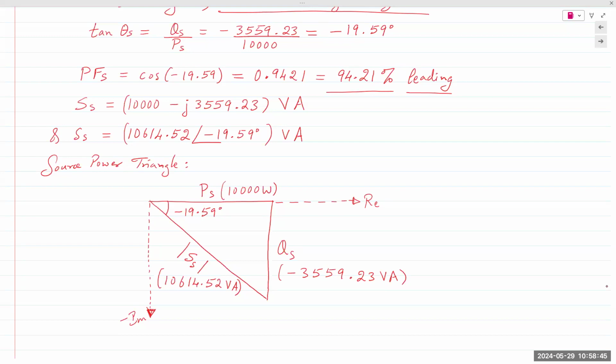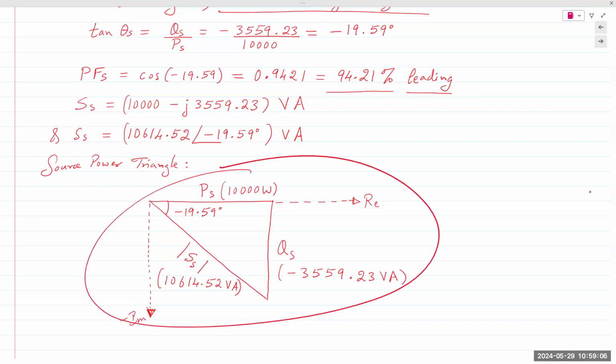Capacitor, negative. So the capacitor is actually overcompensating. Overcompensating is requiring more energy. It's not only supplying energy to the inductor, it actually requires more energy from the source because its value is much higher. That's what's happening in the system. And that's the power triangle for the source.